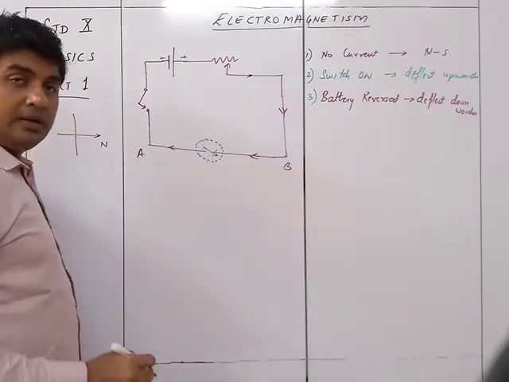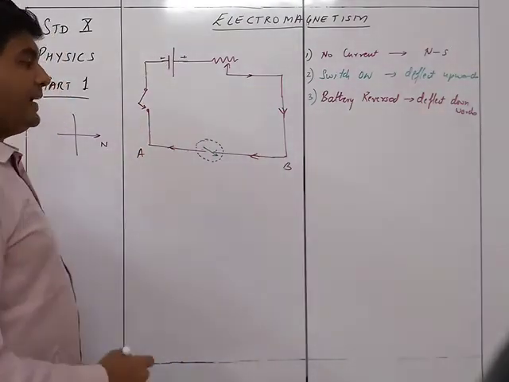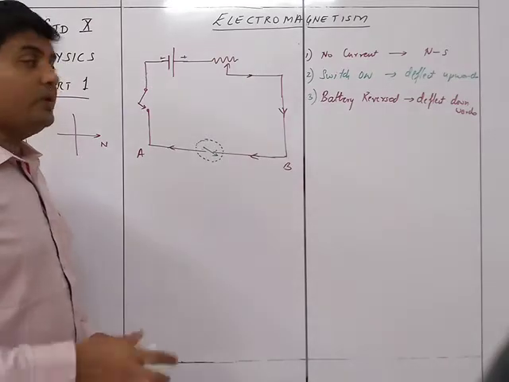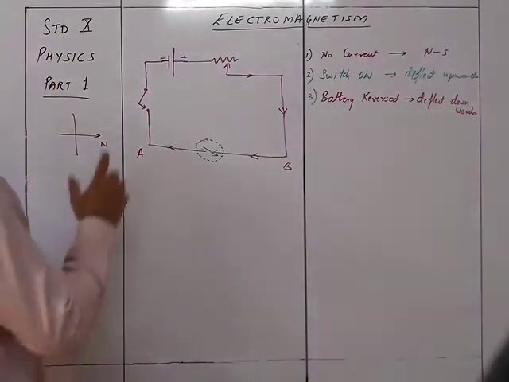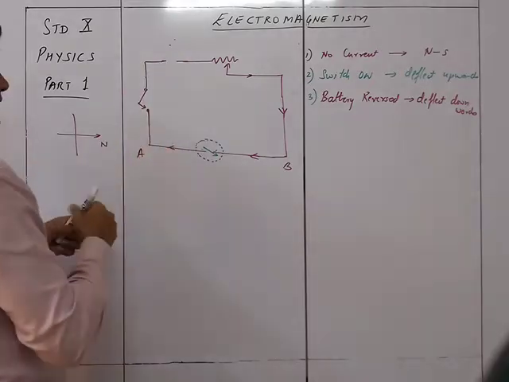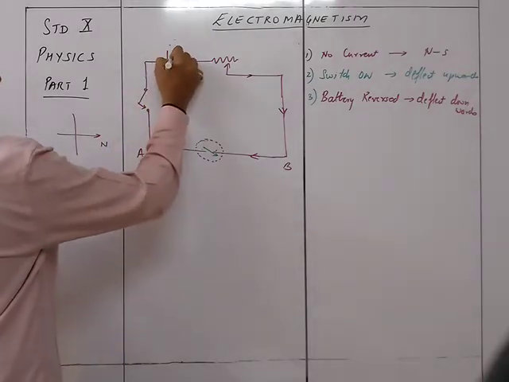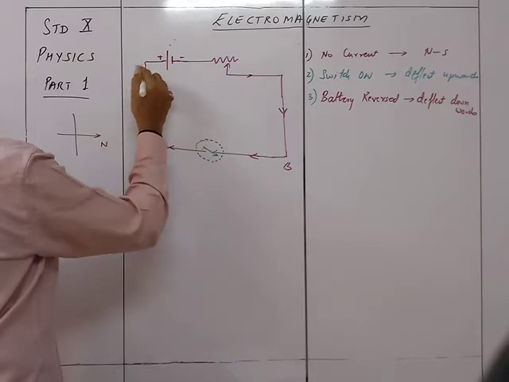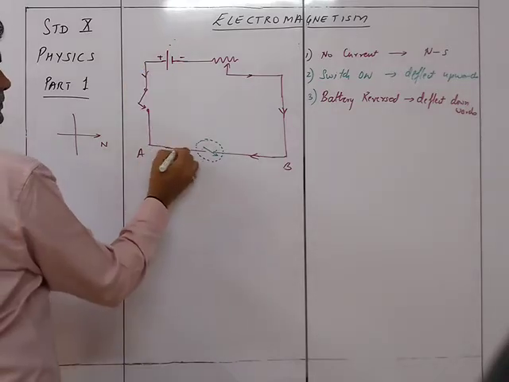Okay, that is one part. Now we are going to do one more thing: we keep the battery as it was in the earlier condition. We keep it positive, negative like this, so that the current can flow in this direction.